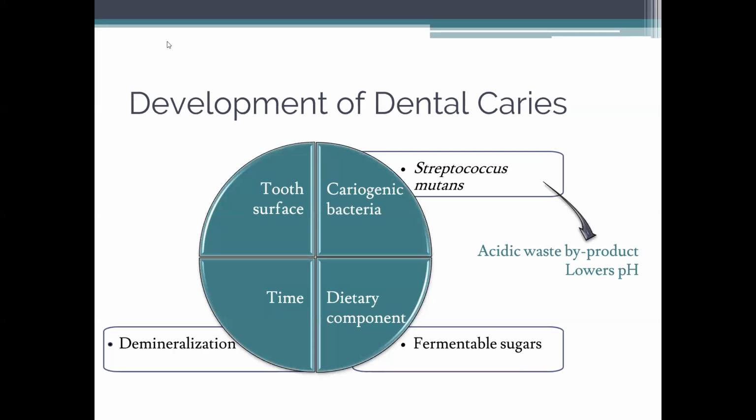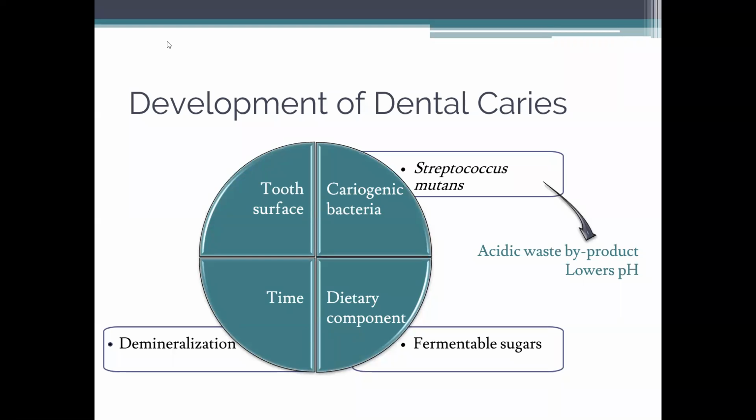So all this comes into play, but you've got to have time for all this to work. It's not like you drink something and get an instant cavity. It takes time to demineralize. Typically, a cavity in a normal scenario takes anywhere from 18 months to maybe 3 to 4 years to form.